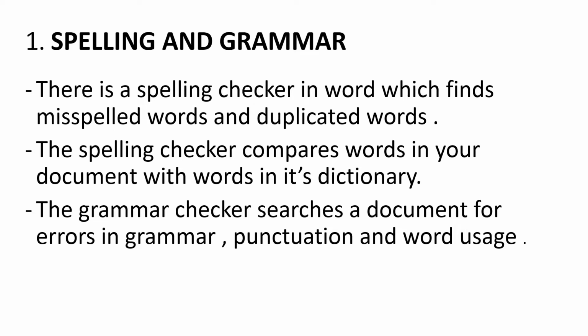The spelling checker compares your words with the words in its dictionary. If the word matches with that word in the dictionary, then it shows no error. But if the word does not match with the word in the dictionary, then it will show an error.